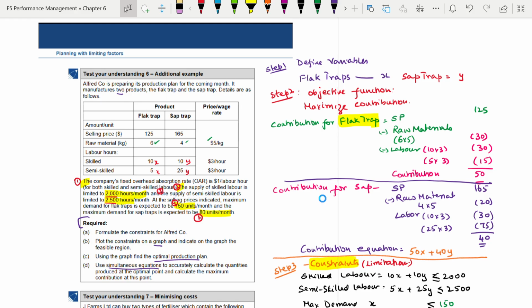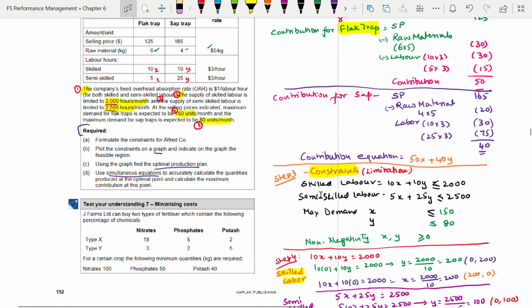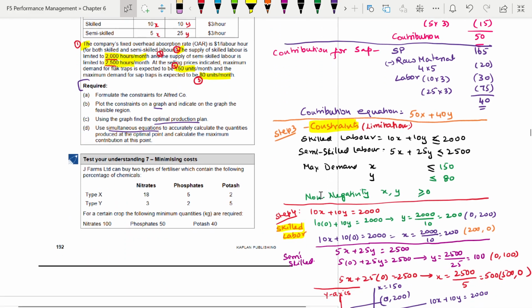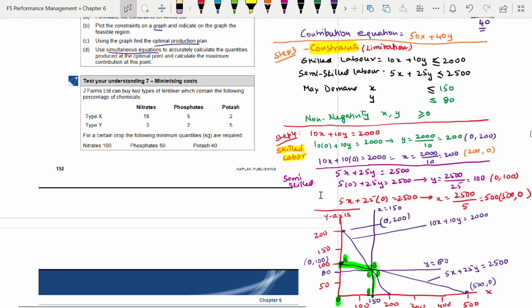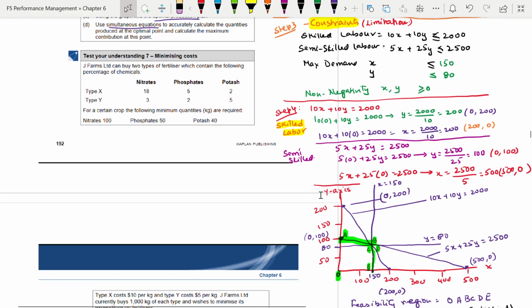First, we identify the variables, x and y. Next, we have the objective function, in order to know the contribution. Then we have the constraints.